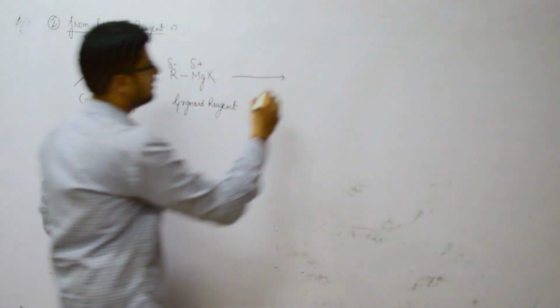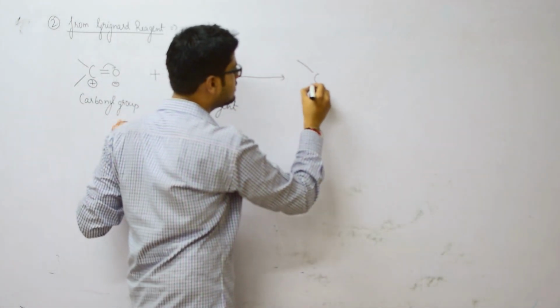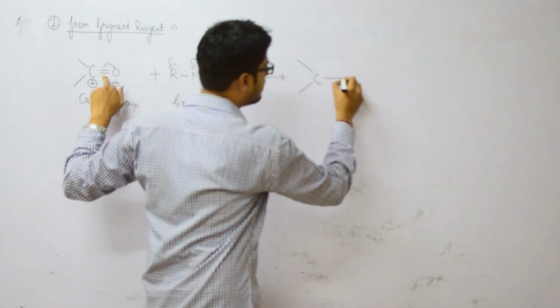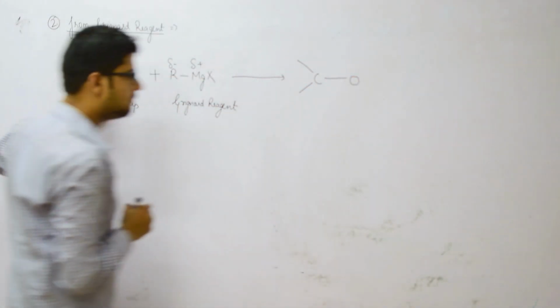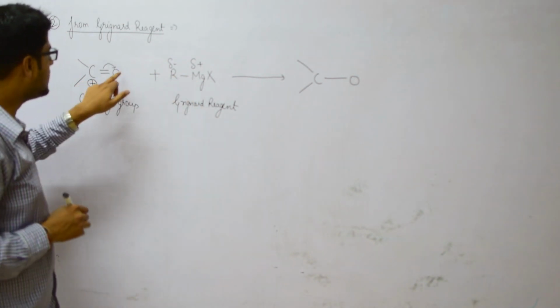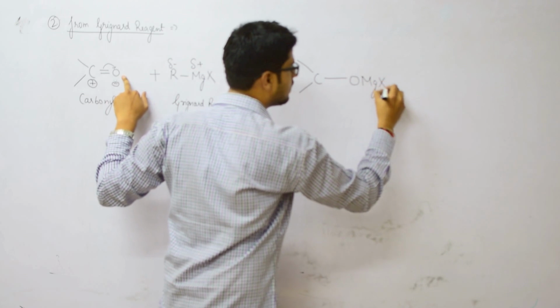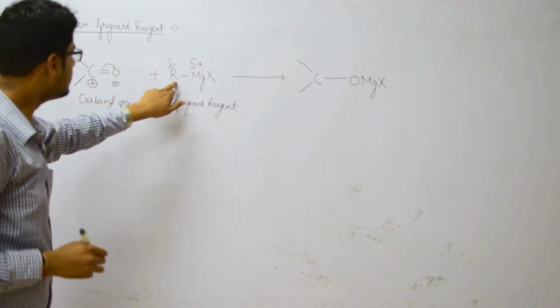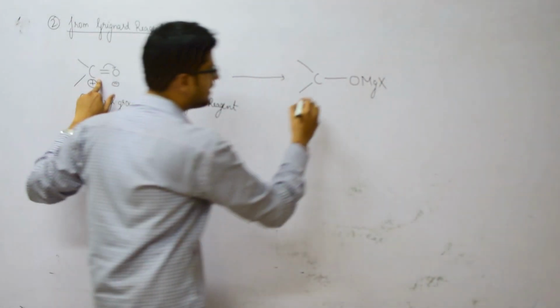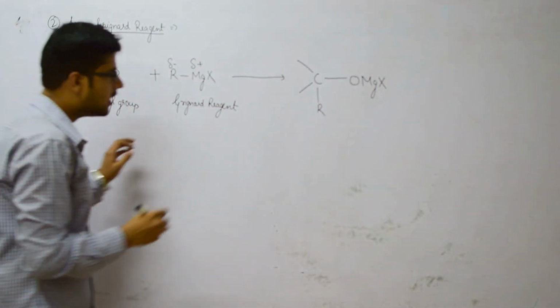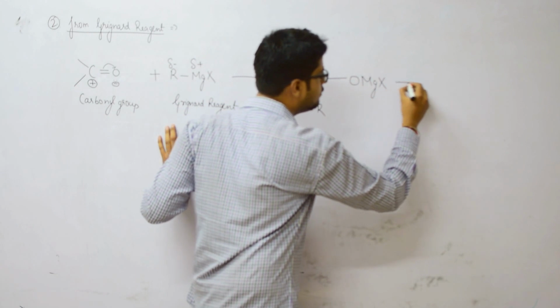So our compound would be like this, carbon double bond. This double bond will be converted into saturated oxygen single bond, and this MgX would be attached to this, and this R group will be attached to this carbon atom. Okay. Now in the next step, we will move forward.